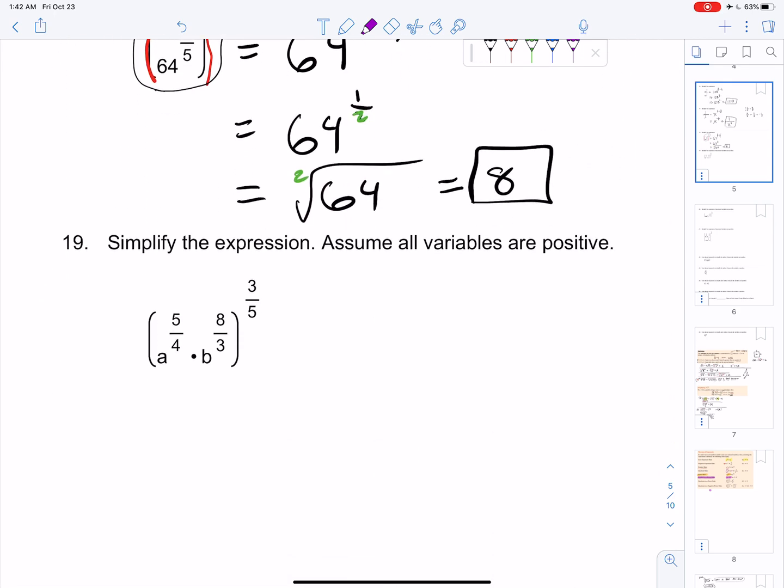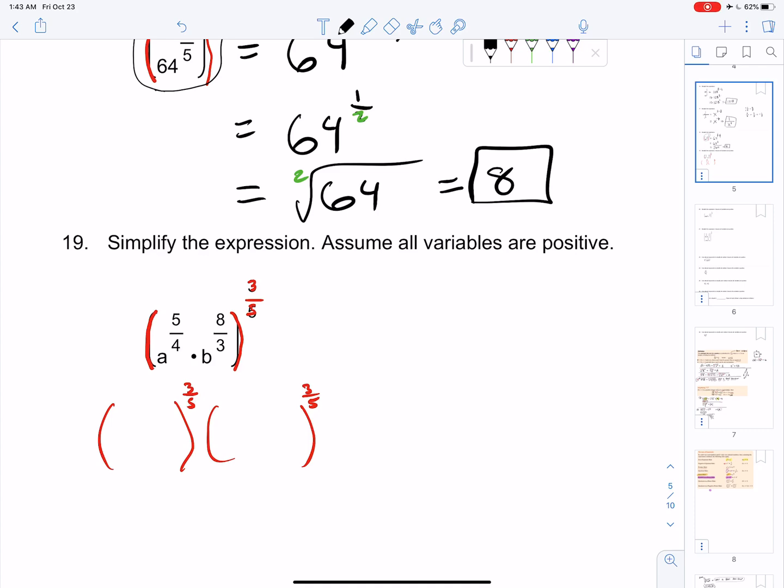So what happens is, it's not the distributive property, but it really kind of feels similar to it. But basically what we're saying here, let me say it this way. We're saying everything in the parentheses must be raised to the 3/5 power, right? We've got two things in the parentheses that must be raised to the 3/5 power. What's in the parentheses?